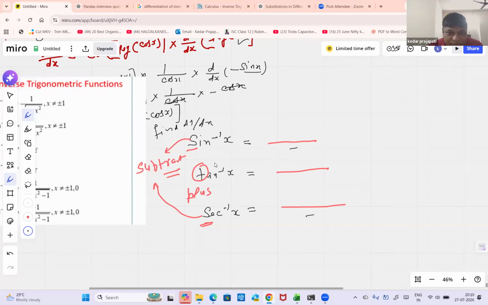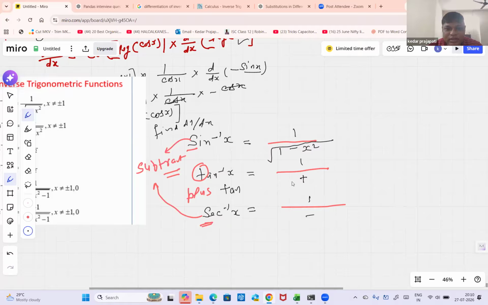Tan stands for this. This symbol is for plus. This is like the tan, right? You are writing tan like this. So write plus here. 1 in the numerator, 1. Now for it is x square. So 1 will be coming, and sine is 1 minus root x square.